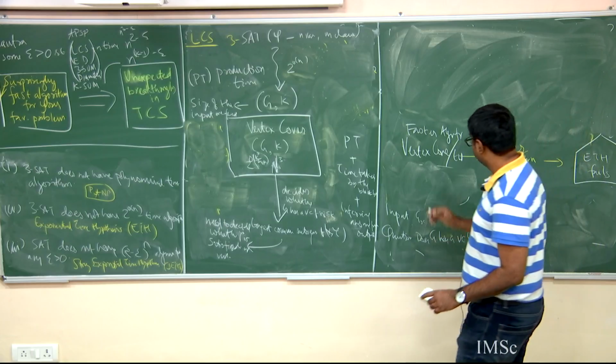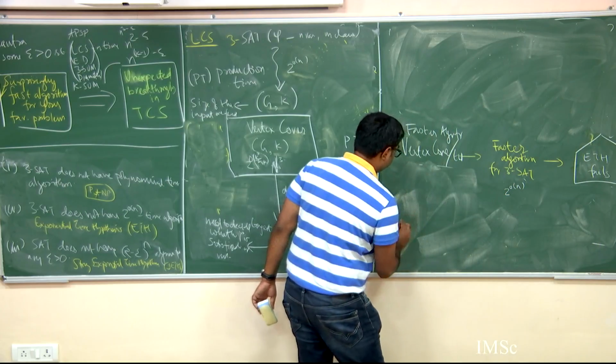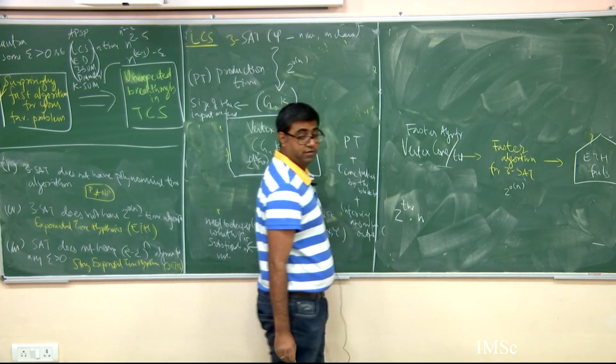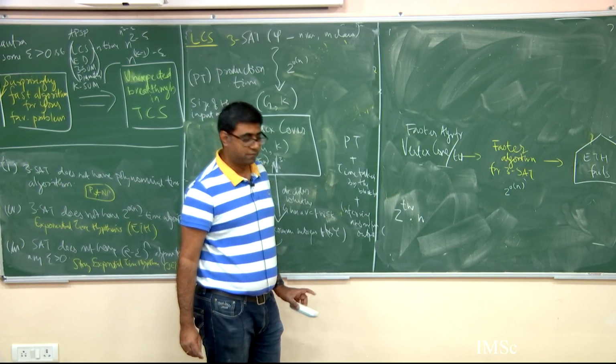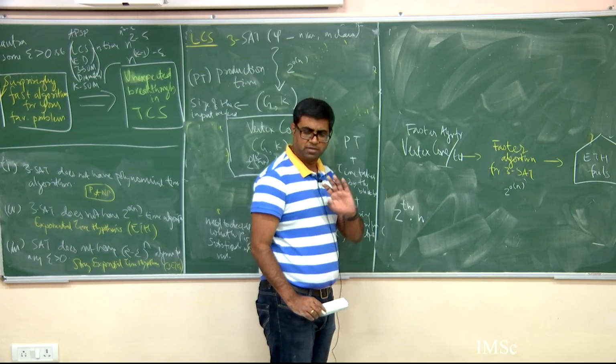And what is known for this problem is that you can have an algorithm with running time 2 to the power treewidth times n. You can find a minimum size vertex cover in time 2 to the power treewidth times n, whatever this word means.